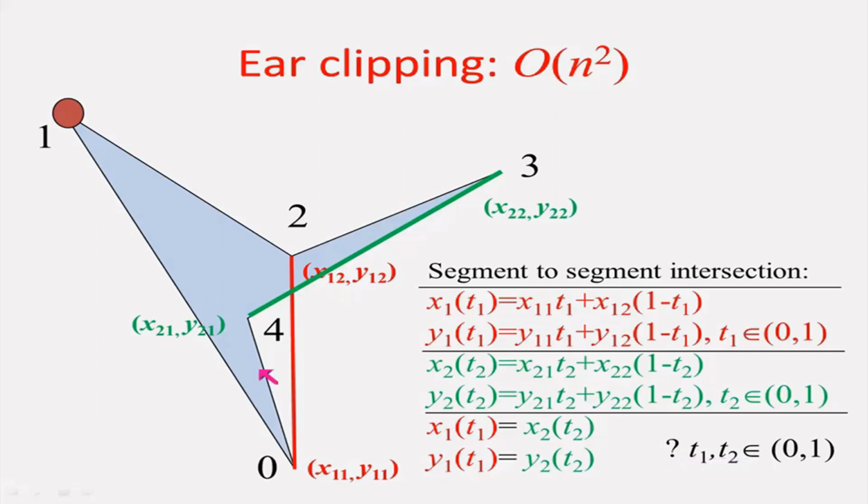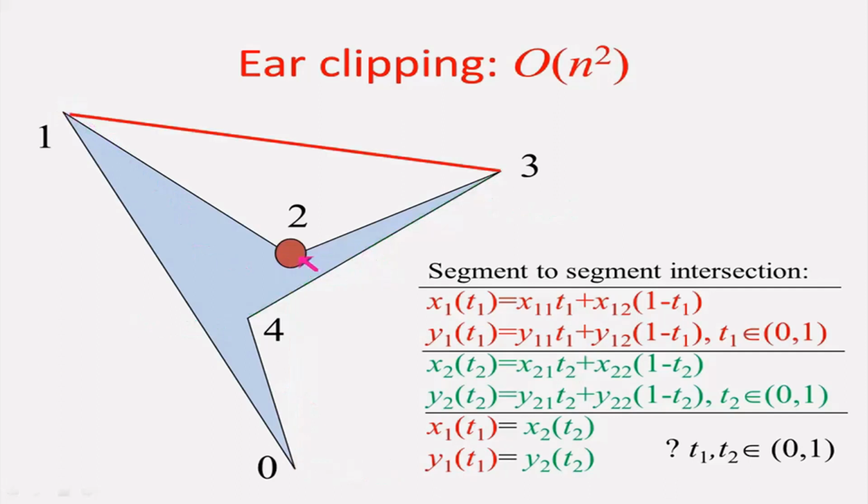The test of a diagonal candidate should go for all edges. So for this particular case, we can conclude that there is an intersection between the red diagonal candidate and the green edge. So this diagonal candidate is not a diagonal, therefore vertex 1 is not an ear.